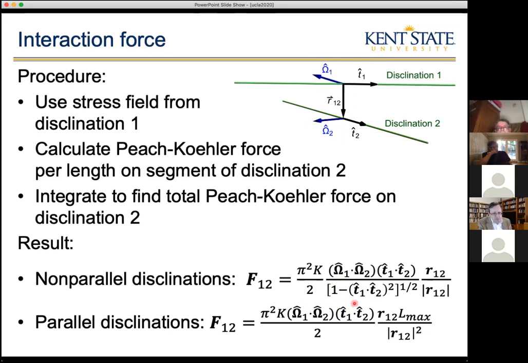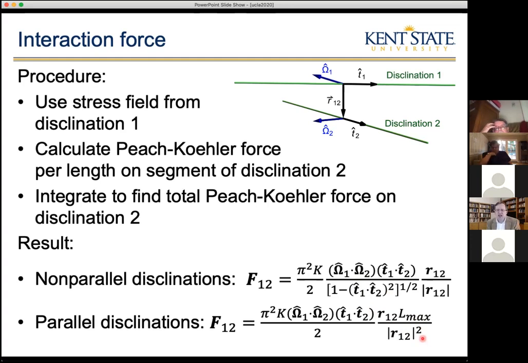orientational features. If we take this and apply it to the special case of parallel disclinations, where one looks like a plus half and one looks like a minus half, we get a force that drops off as 1 over r, like a potential energy that depends on the log of r.